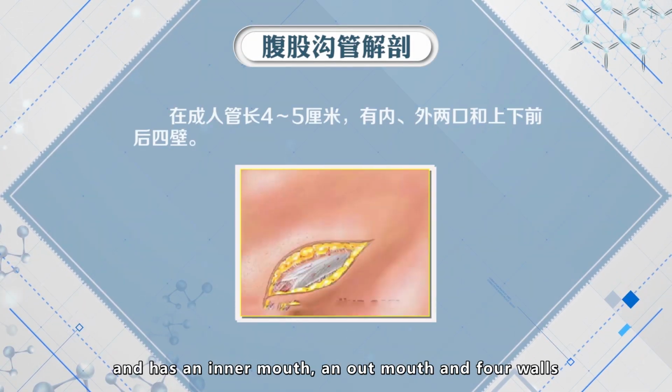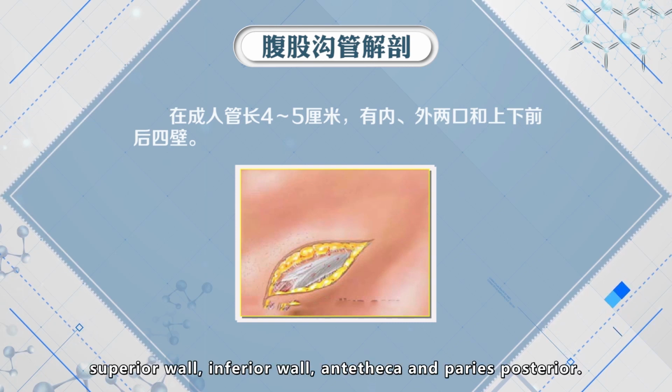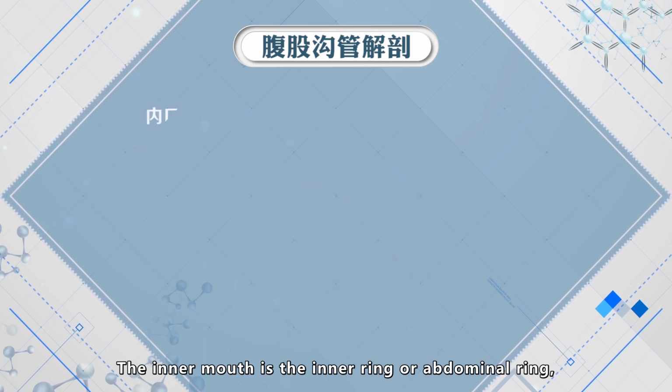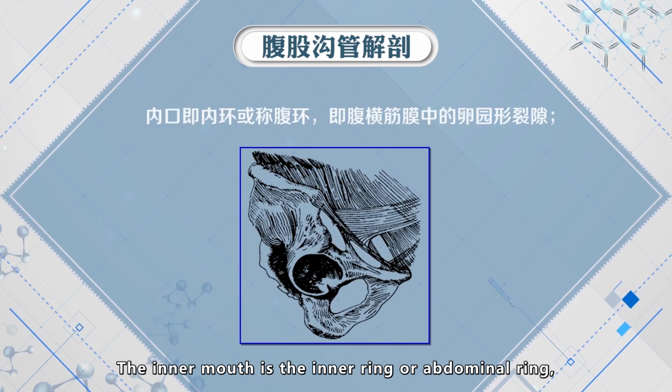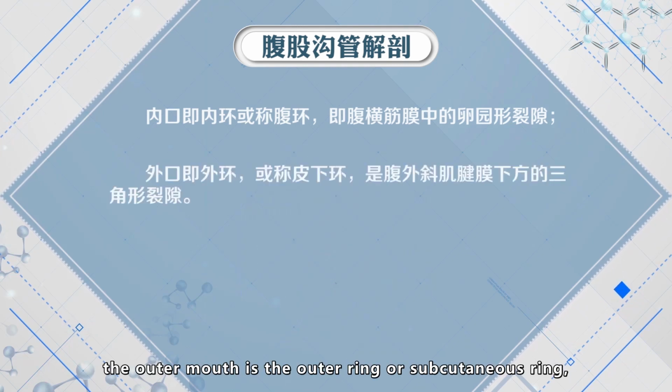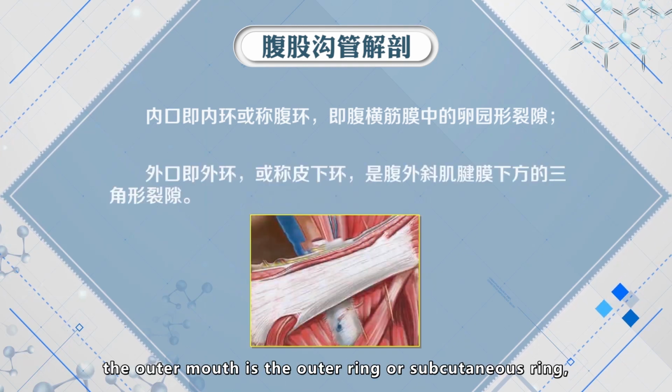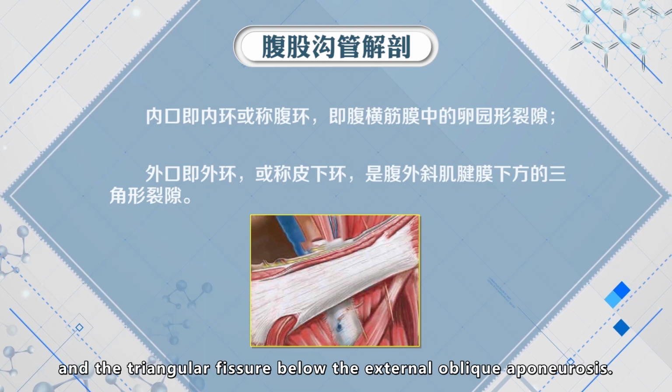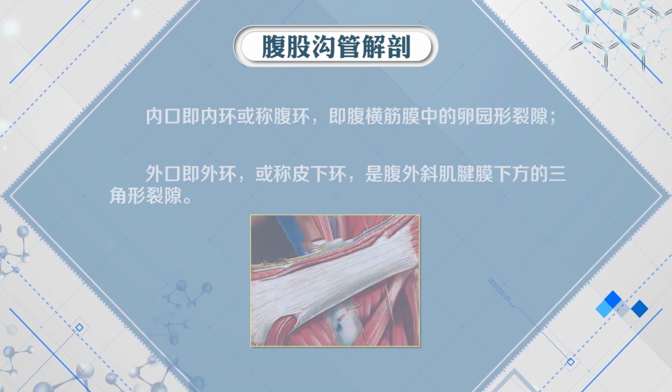It has an inner mouth, an outer mouth, and four walls: superior, inferior, anterior, and posterior. The inner mouth is the inner ring or abdominal ring, namely the oval fissure in the transversalis fascia described above. The outer mouth is the outer ring or subcutaneous ring, a triangular fissure below the external oblique aponeurosis.